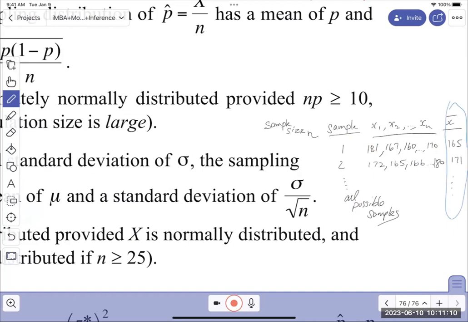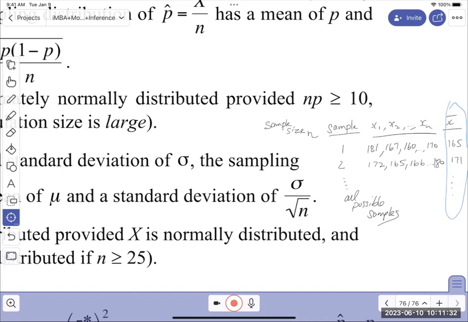If you've done this before, if you've already read this material, does this distribution of this set of X bars depend on n, the sample size, or does it depend on how many samples you took?